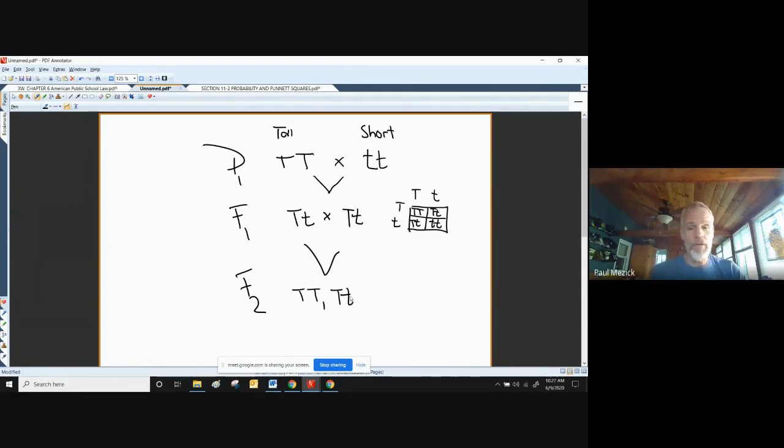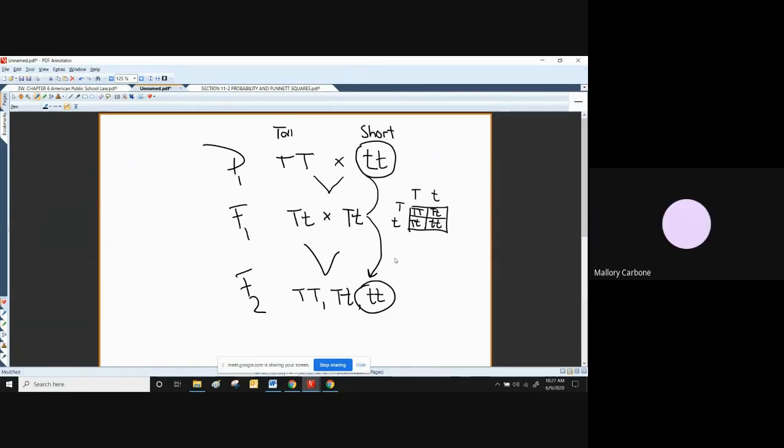Remember, unbeknownst to him, he didn't know that they were carriers. He's like, okay, it's still tall. And then all of a sudden, he gets some of these. And he realizes, well, how's that possible? Because the short was in my parent generation. It skipped this generation and then came back out in this generation. See what I mean?